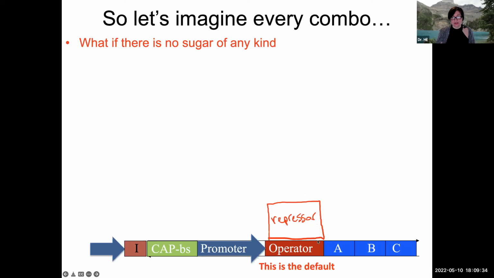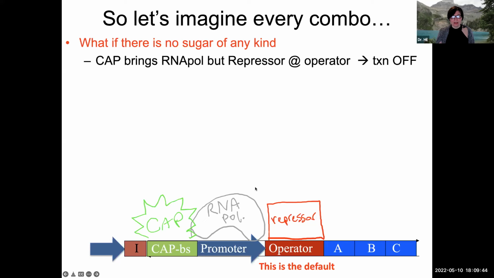where if there's no sugar, right, remember that the repressor is born ready. And so it's sitting in the operator, okay? Let's say there's no glucose, there's no lactose. Then the repressor is here because there's nothing to remove it. There's no lactose. And because there's no glucose, ATP levels are low, cyclic AMP levels are high, CAP is active, it's bound to the CAP binding site, the lights are on at the airport, RNA polymerase is here.